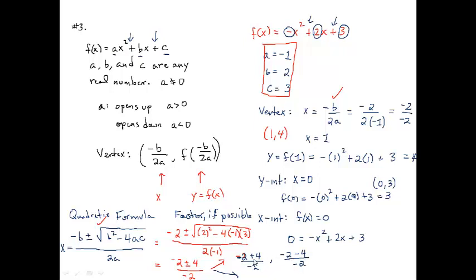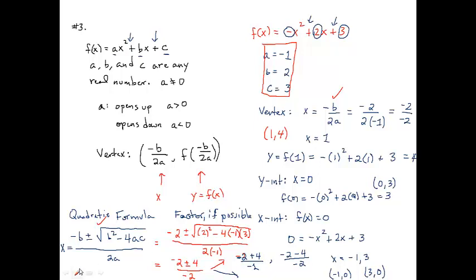Negative 2 plus 4 is 2, divided by negative 2 is negative 1. So for now I have x equals negative 1. And the other one is negative 2 minus 4 is negative 6, divided by negative 2 is 3. So the x-intercepts are negative 1, 0, and 3, 0.